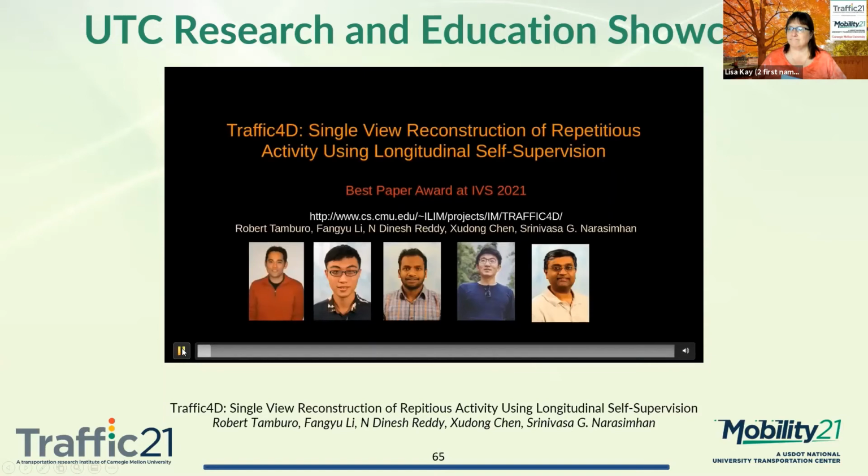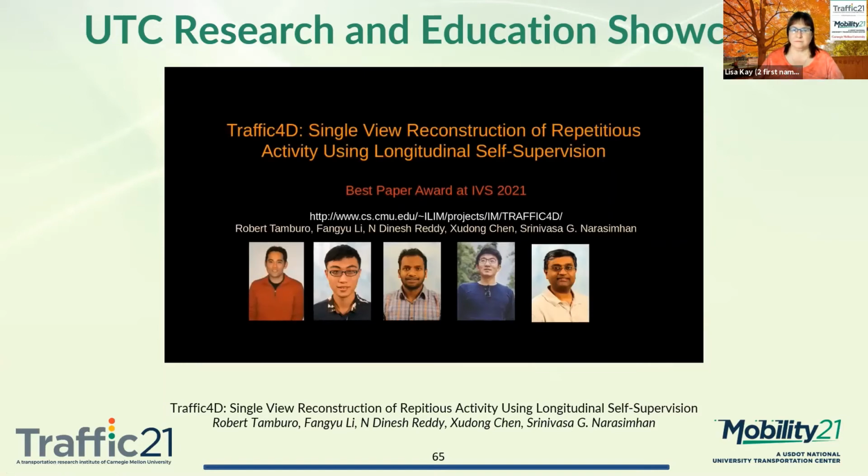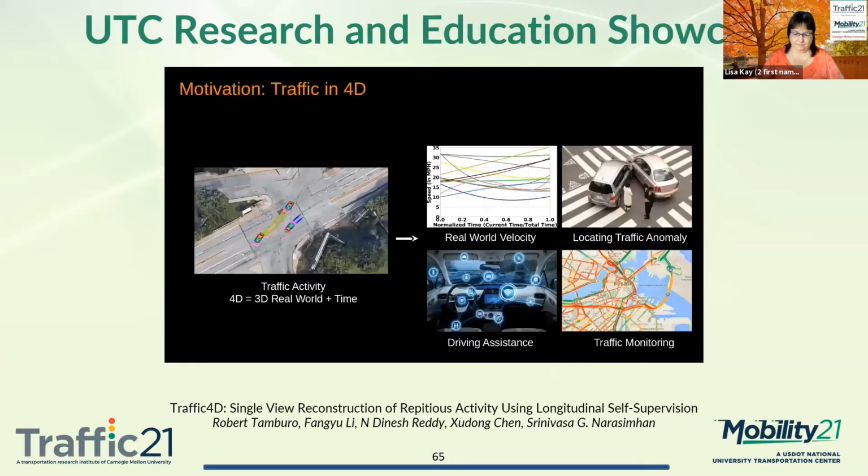Hi everyone, I'm Dinesh and I'm going to present our work on Traffic 4D, single view reconstruction of repetitious activity using longitudinal self-supervision. This is a joint effort between myself, Dinesh, Robert, Fangyu, Xudong, and Srinivasa. Understanding 4D reconstruction, that is 3D plus over time, is very important in multiple settings.